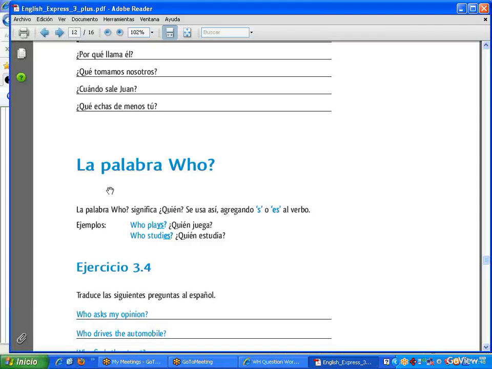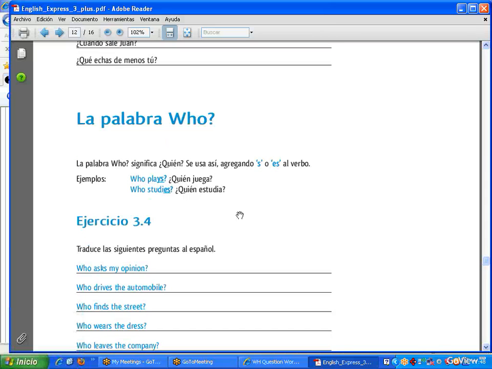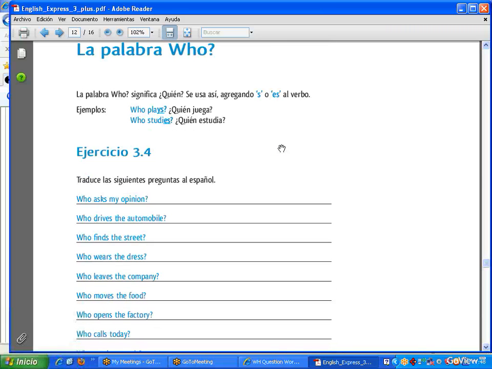Now, usually we don't use the auxiliary verb to do. And in this case, we're not using the auxiliary verb to do. Okay? No auxiliary verb. So we go back to the normal use of the infinitive on the third person.